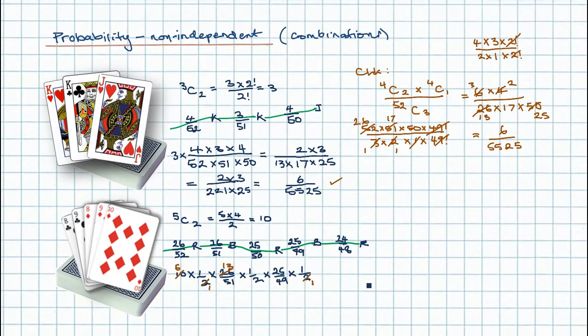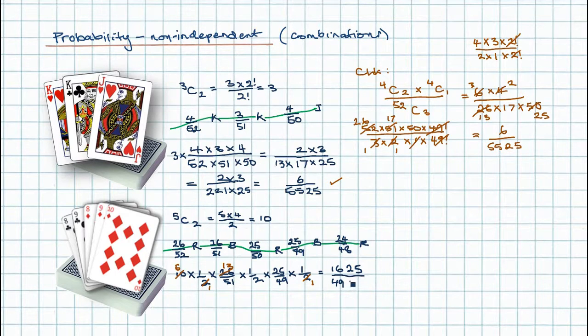So I'm going to say 5 times 25 is 625 times 13, and if I use my calculator for this to save time, I get 1625 in the numerator. Okay, in the denominator then, I've got 51 times 2, well that's 102 times 49. 102 times 49 gives me 4998.